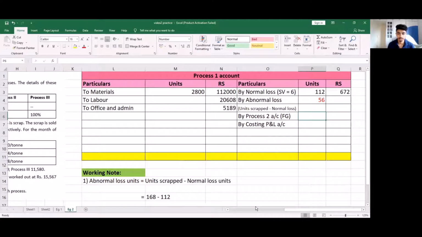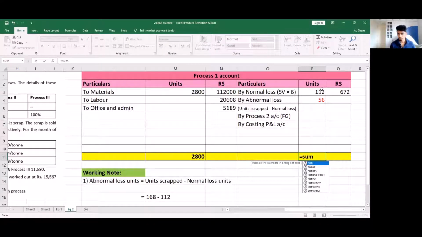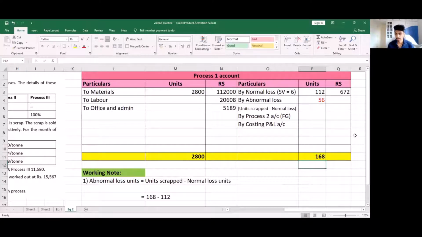So we know now that we have the abnormal loss, we can find out the difference. So we total the sum and we find the tally. We total the units on both sides. Okay.